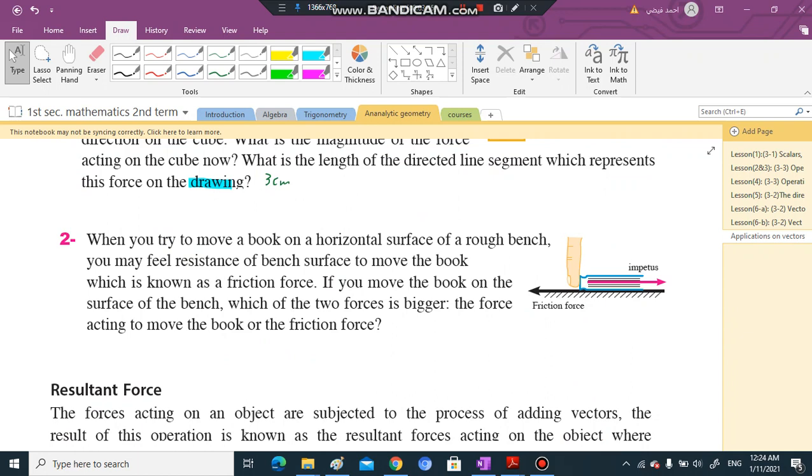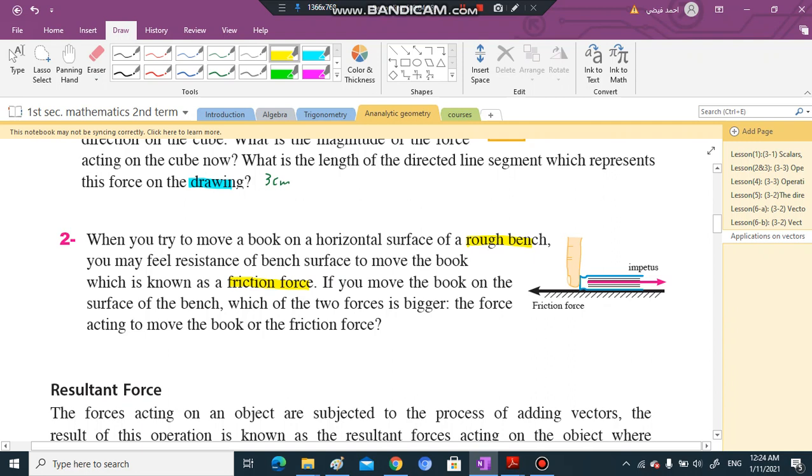When you try to move a book on the horizontal surface of a rough bench, you may feel resistance of the bench surface to moving the book, which is known as a friction force. The friction force is the force opposite to the motion.